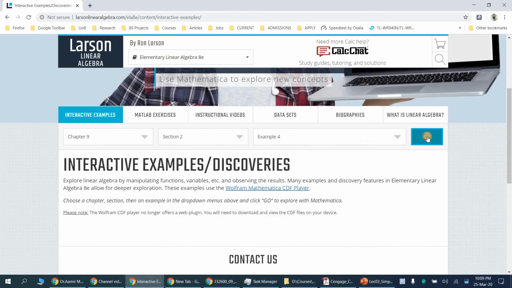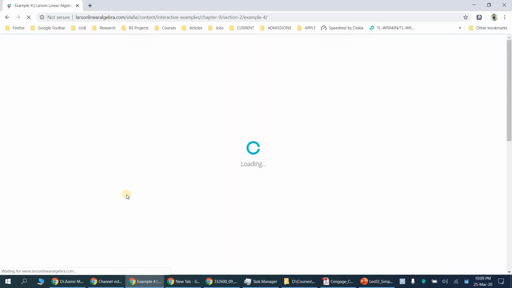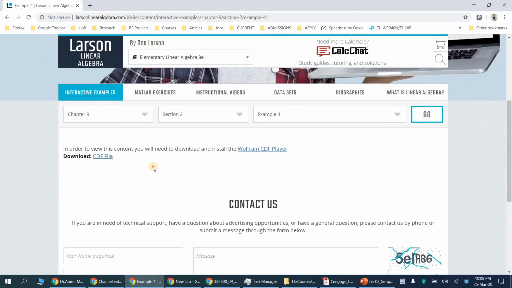When you click on this go, it will show you a link to a file called the CDF file. You can say the name is taken from PDF. PDF is portable document file. CDF, I think, means computable document file.